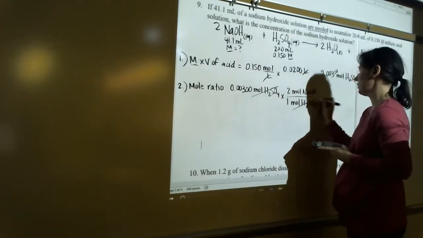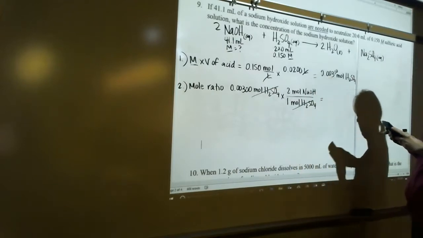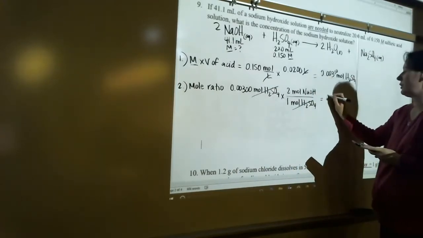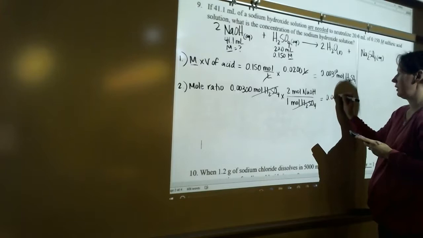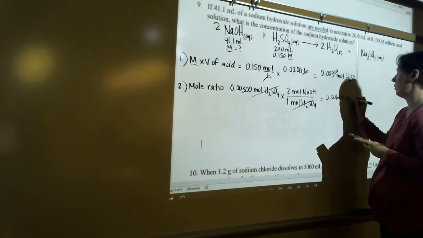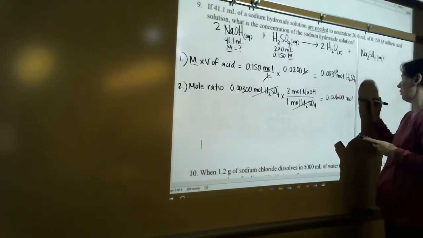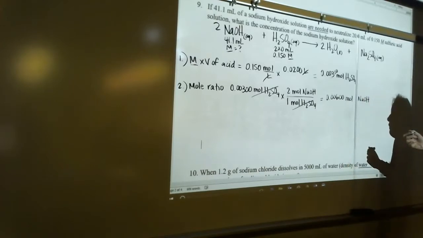So moles cancel. So I'm just multiplying by 2. Right, so that gives me 0.00600 moles NaOH.